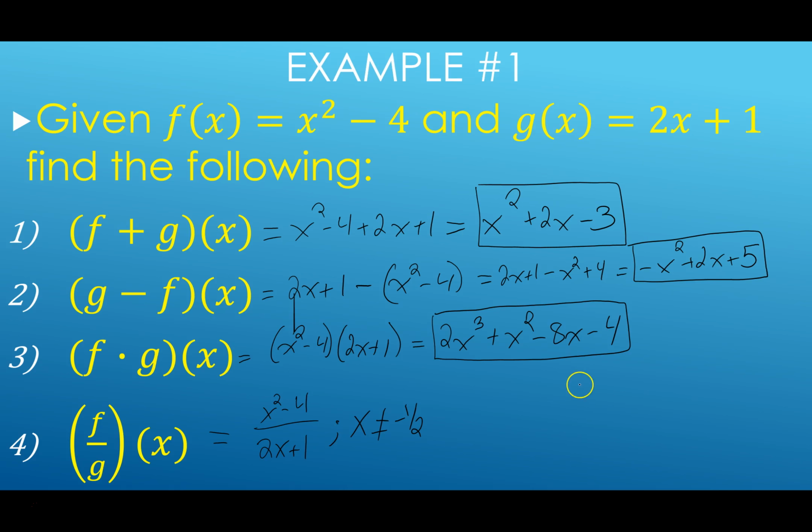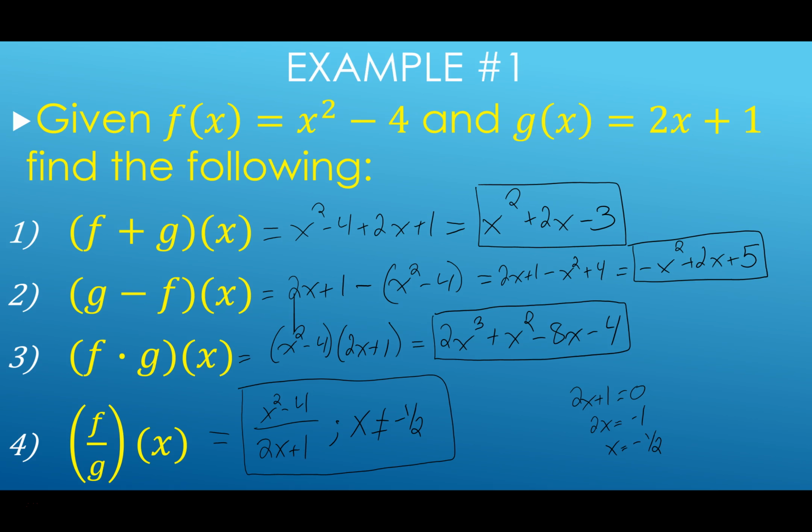That negative 1/2 is coming from the idea that 2x plus 1, if that equals 0, we get negative 1/2. Now the reason why we're saying they can't equal negative 1/2 is because if we have 0 in the denominator of a fraction, that is not considered to be a defined value. It's undefined. So f divided by g will always be x squared minus 4 over 2x plus 1, as long as x is not equal to negative 1/2.